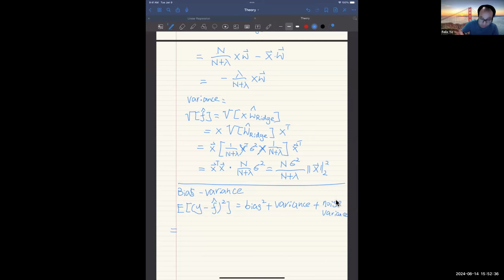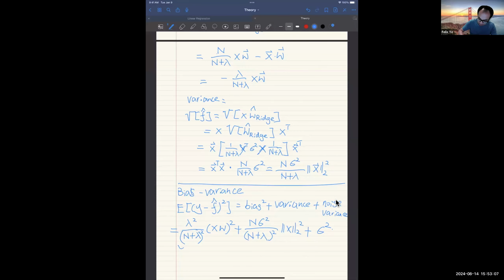So this is equal to, the first term is lambda square over n plus lambda square, times xw square, plus n sigma square over n plus lambda square, times norm of x square, plus sigma square.